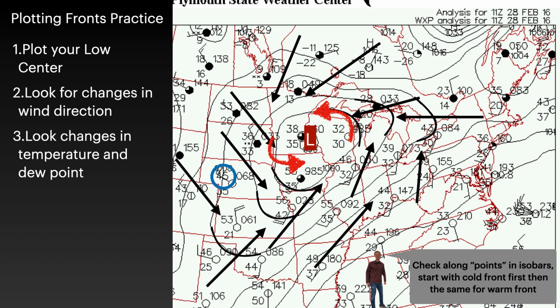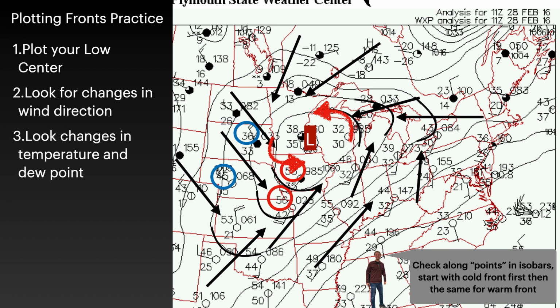So I have a 45-degree temperature here, according to that station model in Nebraska, and I have a 56-degree temperature according to this station. So there's a drastic change in temperature there, so I know somewhere in between those 2 points, my cold front has to be drawn. I have a 36-degree temperature here in South Dakota and a 55-degree temperature in Iowa. Again, that shows that my cold front is going to be placed somewhere in between there.